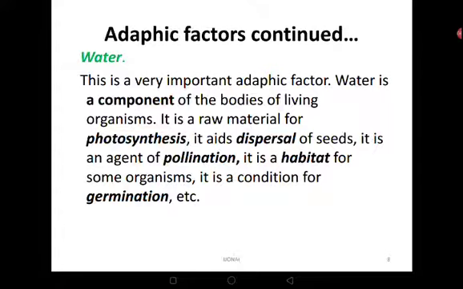And then water is also a habitat for many organisms. Those organisms that are called the aquatic or marine organisms live in water. And then water is also used in the process of germination. So generally, water is life, if I may say. So organisms require water for many purposes, and it's a very important non-living component of the ecosystem that contributes to life.